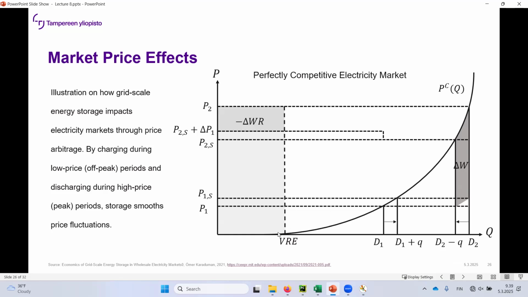So before, this was the profit in here. Now it's going to increase by this much. And also in here, you're going to decrease your profits because the price went down. You had this much more profit, so your total profit is only going to be affected by this darker gray area. And this is what the consumers save.